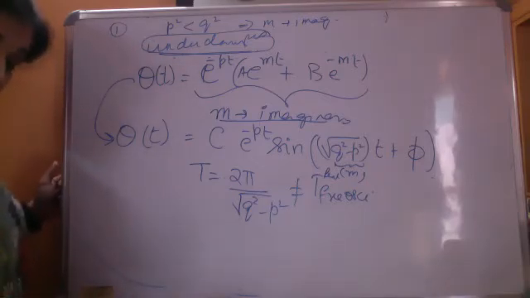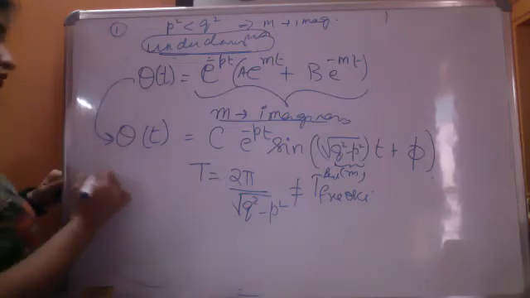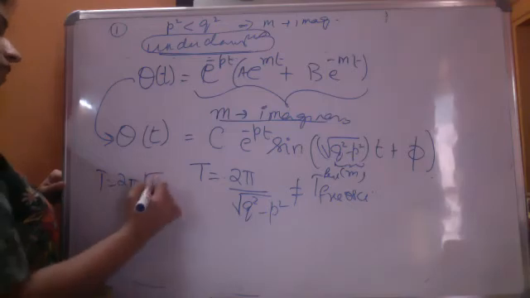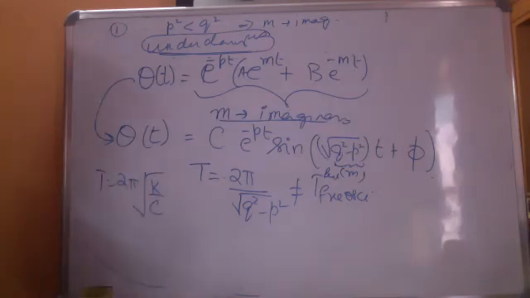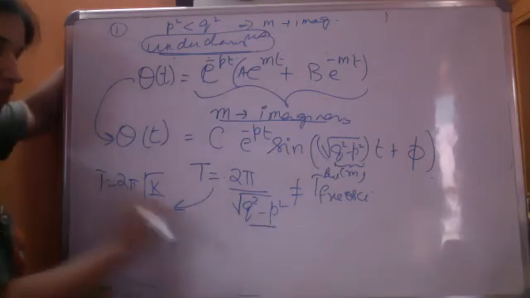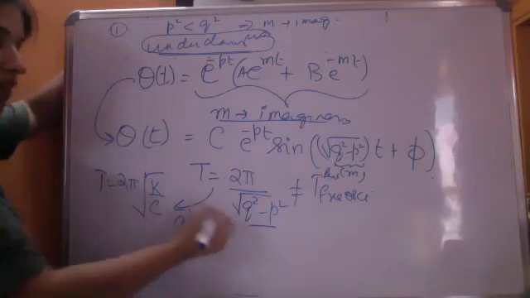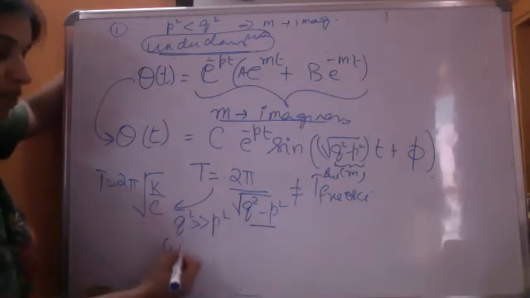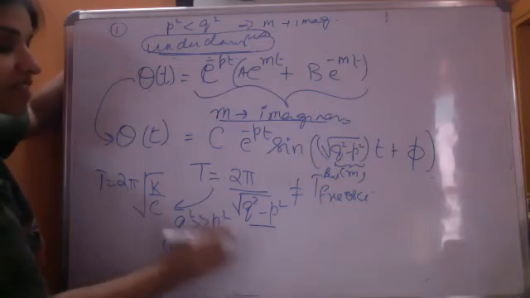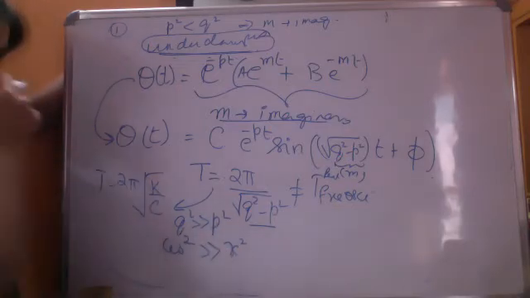If you remember, we had an expression for free oscillation time period, and that expression was T equal to 2 pi root k by c. You can see that this will reduce to this if q square is much larger than p square. What is your q square? Q square is your omega naught square, and p square is what you have seen as related to your gamma, right, is much greater than gamma square.